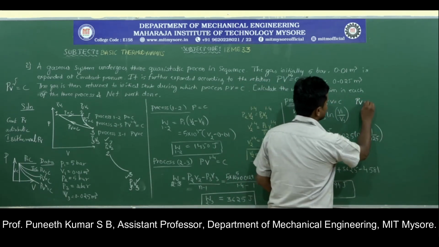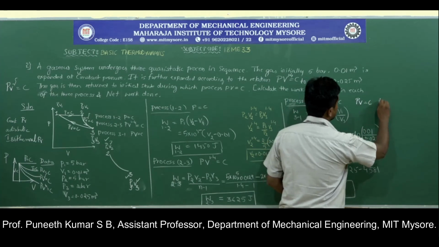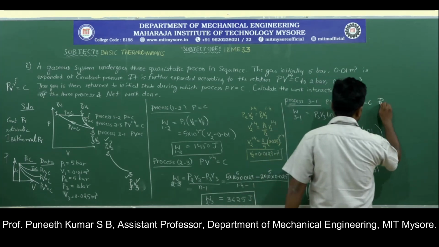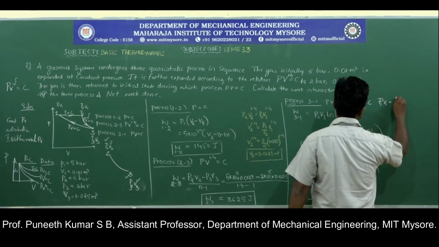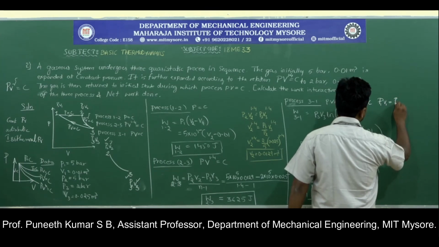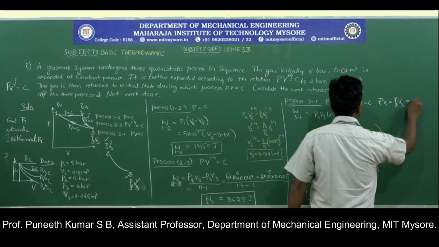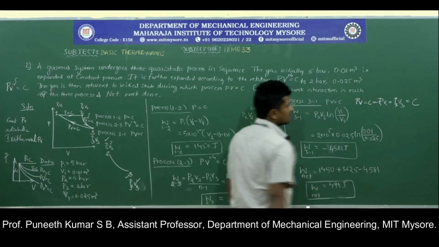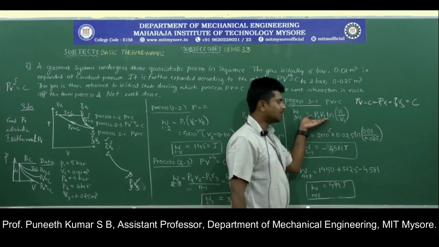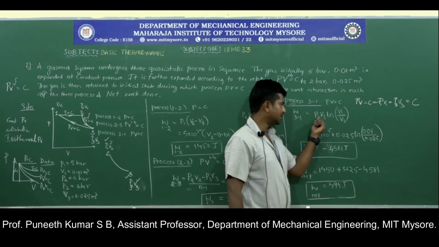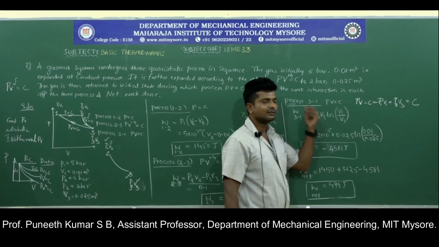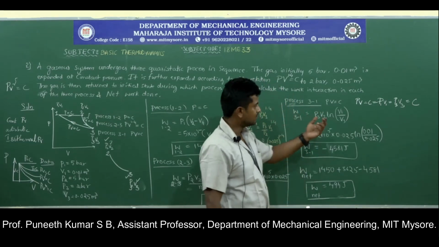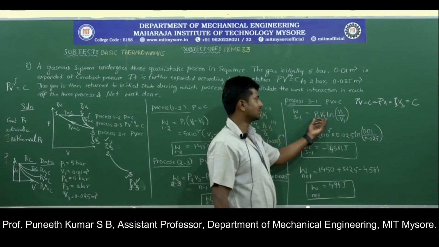Once we say PV is equal to C, that means the product of pressure and volume at 1 is equivalent to the product at 3, and it is constant. So it is up to our choice whether to write P3V3 or P1V1. Whichever is comfortable, we can write it there.